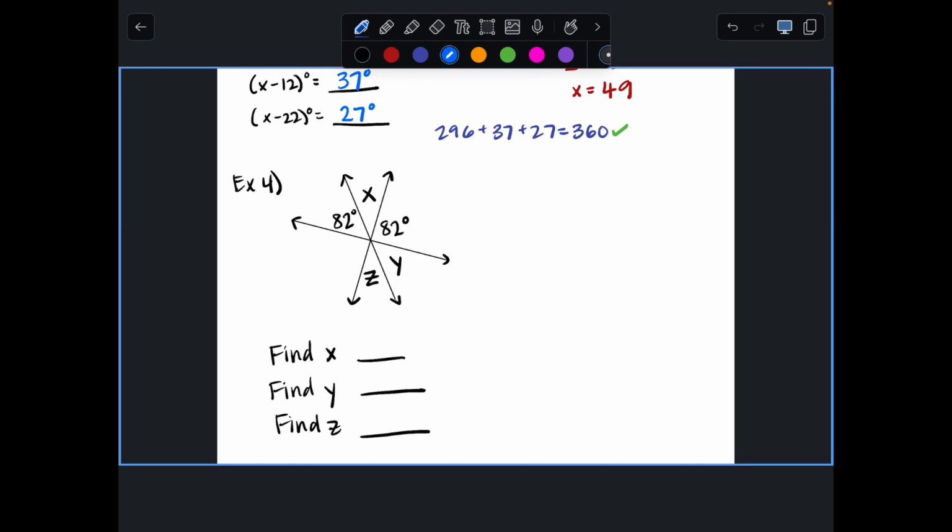So let's start with the numbers that we have. We have 82 here, which means that because these are vertical angles, Y is also 82. So we can just fill that one in. And then we have the other 82 here, which means that the one across from that is also 82 degrees.